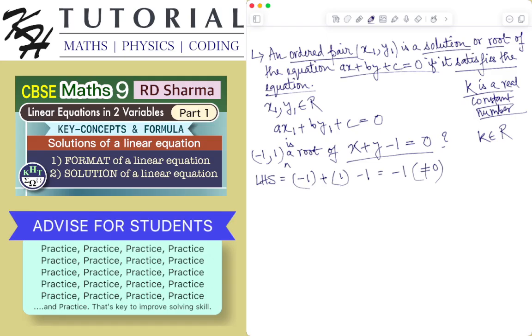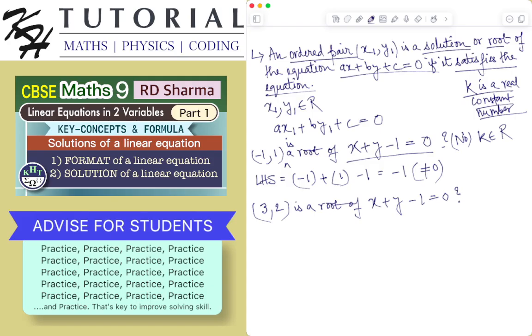So minus 1 comma 1 is not a root of the linear equation x plus y minus 1 equals to 0. Okay. So can I say 3 comma 2 is a root of the same linear equation x plus y minus 1 equals to 0?